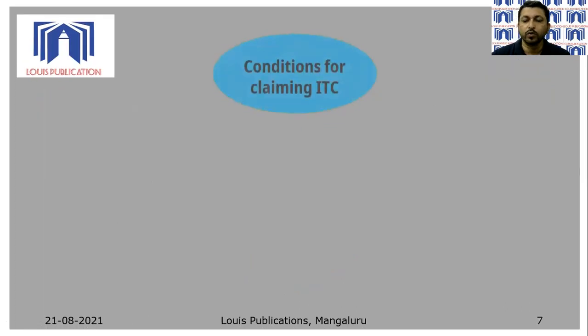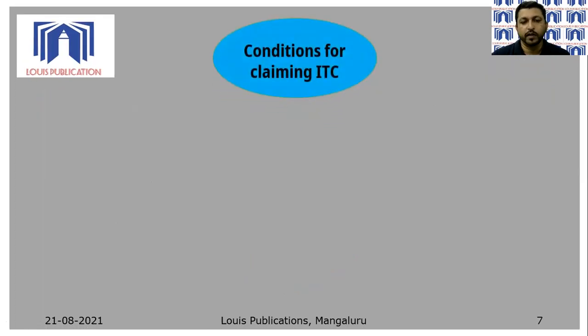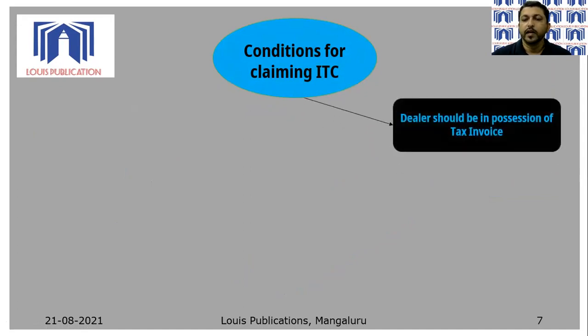Now, coming on to a very, very important point, that is conditions for claiming input tax credit. We will take into account 6 very important conditions for claiming input tax credit. First, very important, the dealer should be in possession of a tax invoice. Tax invoice tells you that if you have made a purchase from your supplier, you have paid GST.